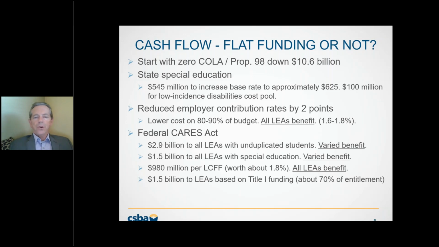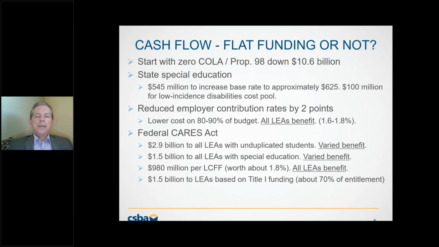We know we'll talk about deferrals, but where's the money in this budget? First of all, there is a state investment in special education of more than $600 million. The way this is allocated is to raise the base rate to no less than $625 per student.